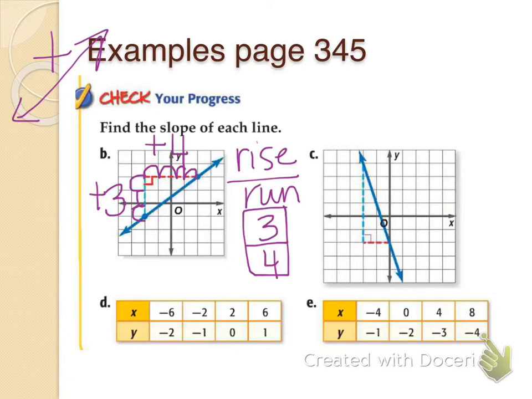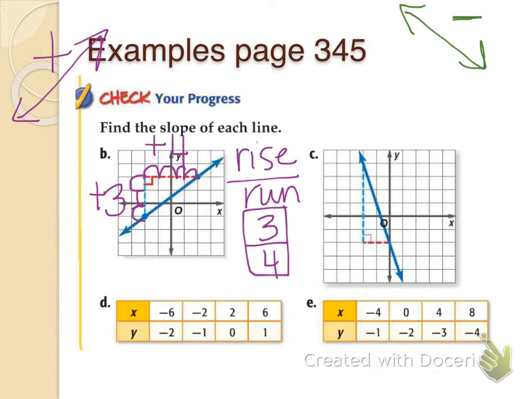Okay, on the other hand, this other graph over here I see is falling from left to right. It's going down. That tells me the overall slope should be negative. So if I'm looking at this, we want to calculate the rise first. So calculating the rise, I'm going to start here on my line.